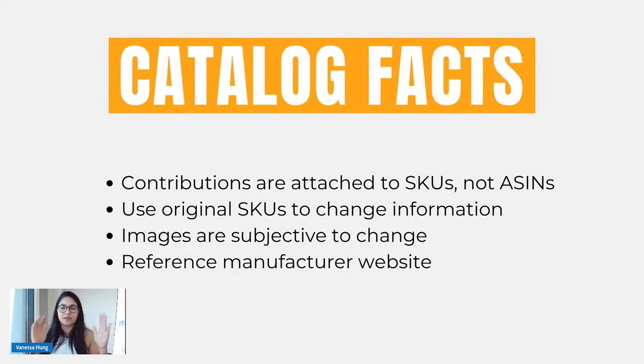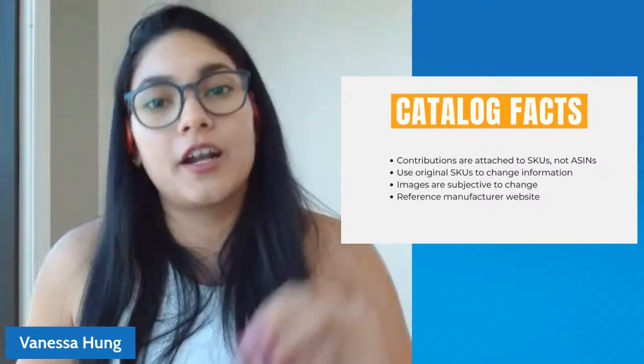One of the biggest pains that I see sellers have is the information of the images. Images are, according to Amazon internally, subject to change. What does that mean? If the optimizing team that goes to the catalog and makes things better decides that the new image that you're putting is not good, and they want to put the old one, or something else, they are allowed to do it.